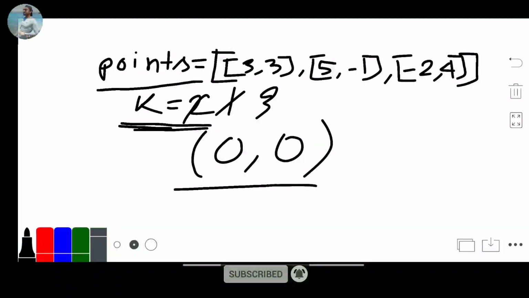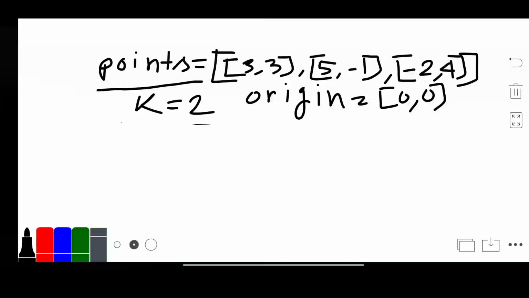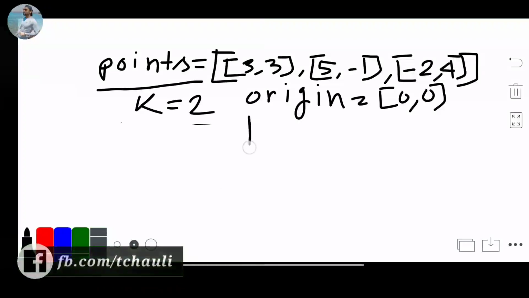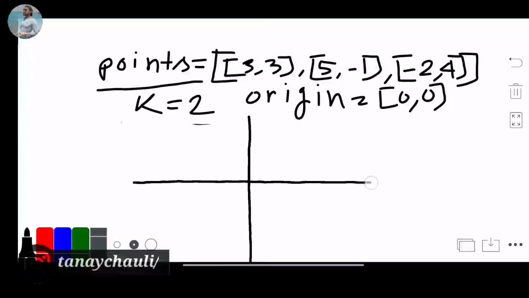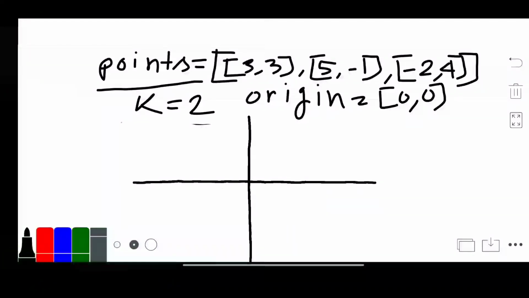Now we will move to the solution part, how we can solve this problem. Now we have points, we have the origin, and we have the k value. k is 2 here, so we have to print two closest points. Now we will plot all these points in this graph.